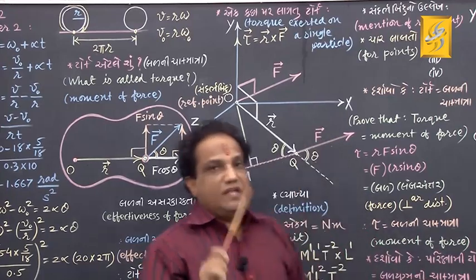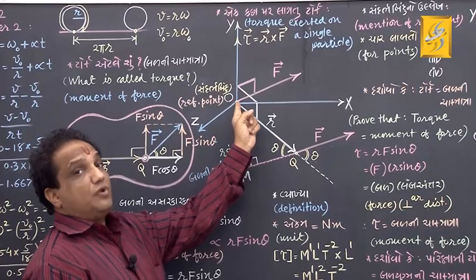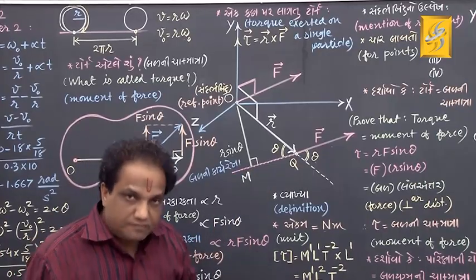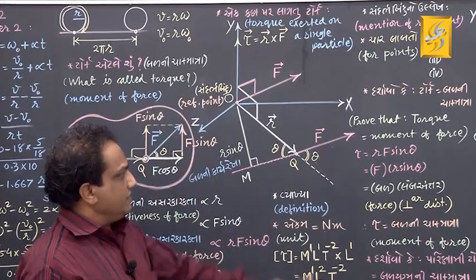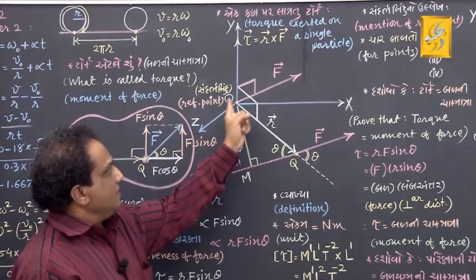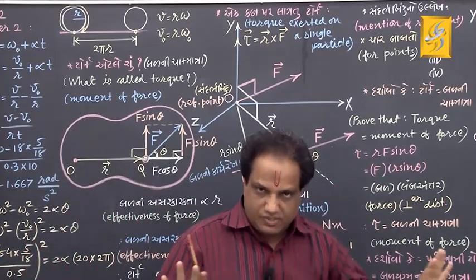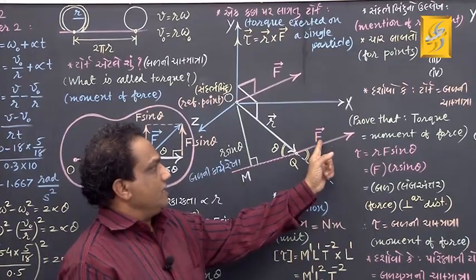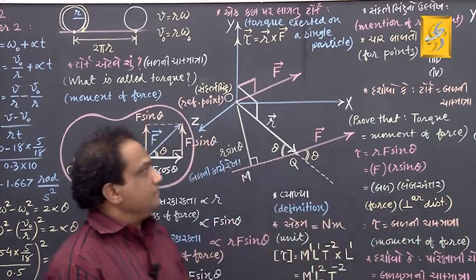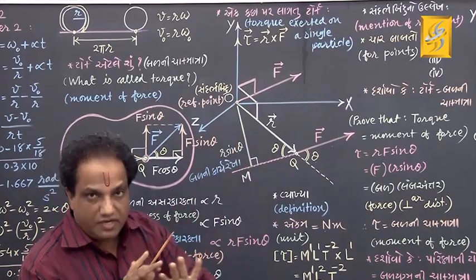And fourth, it is not necessary to take the origin every time as the reference point. You may take any other point as the reference point. I repeat: not necessary that the considered particle must be of a rigid body; not necessary that the position vector r should lie in the horizontal plane; third, not necessary that vector f should lie in the horizontal plane; and fourth, not necessary to take the origin every time as the reference point. Got it?